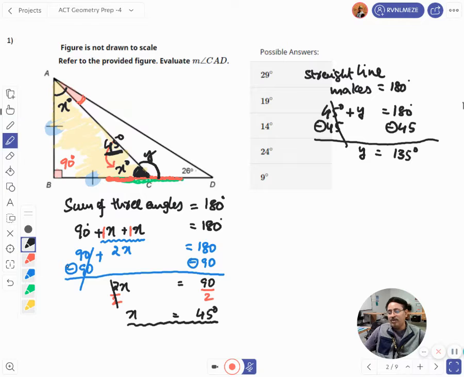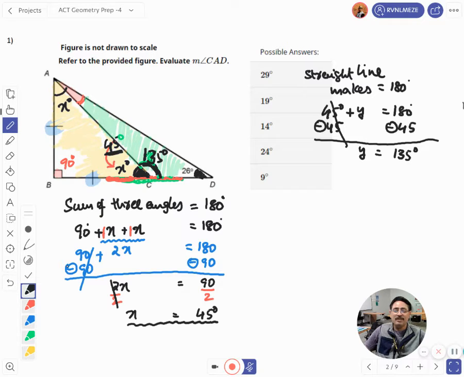Now what you have to do is, let me consider the other triangle which is shaded in green. This triangle. Just now I computed this one as 135 degrees, and this one is given as 26 degrees.